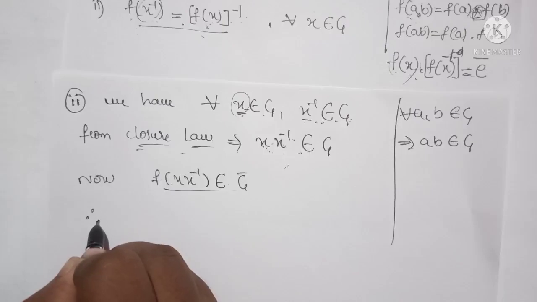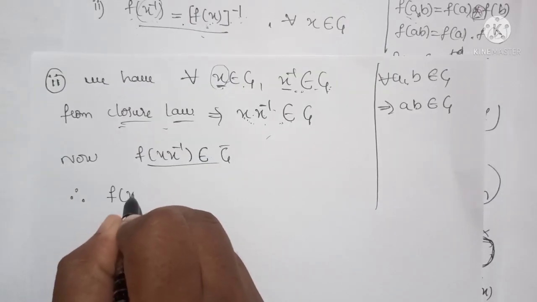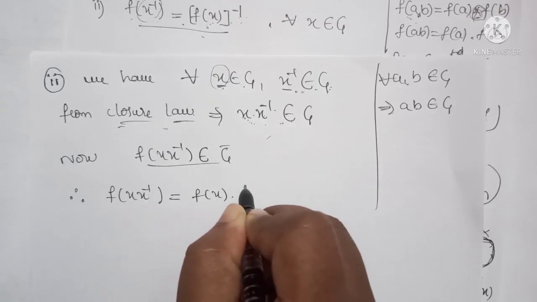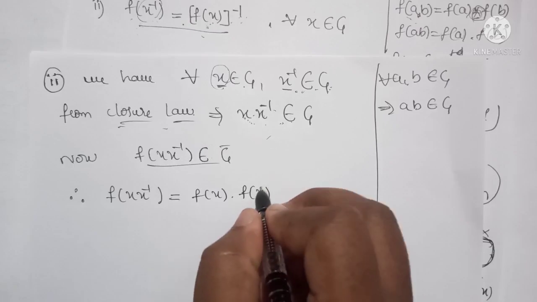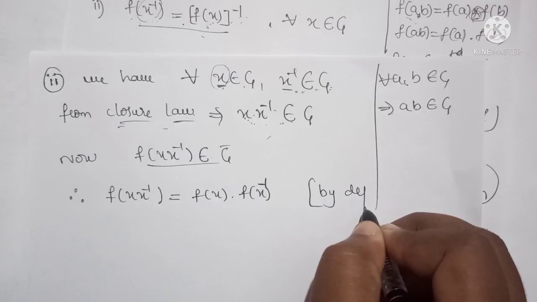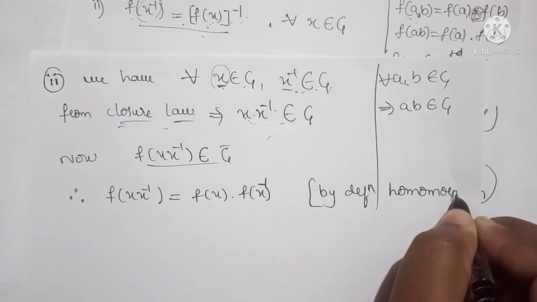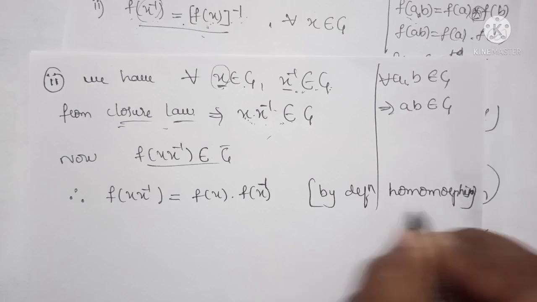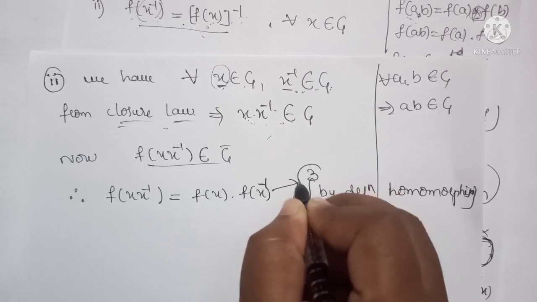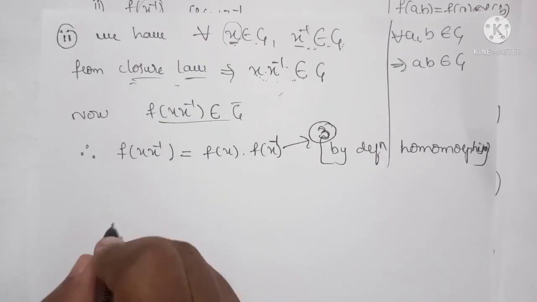Therefore, from the definition of homomorphism, f of x into x inverse is equal to f of x into f of x inverse. So this is by the definition of homomorphism. Consider this as equation 3.